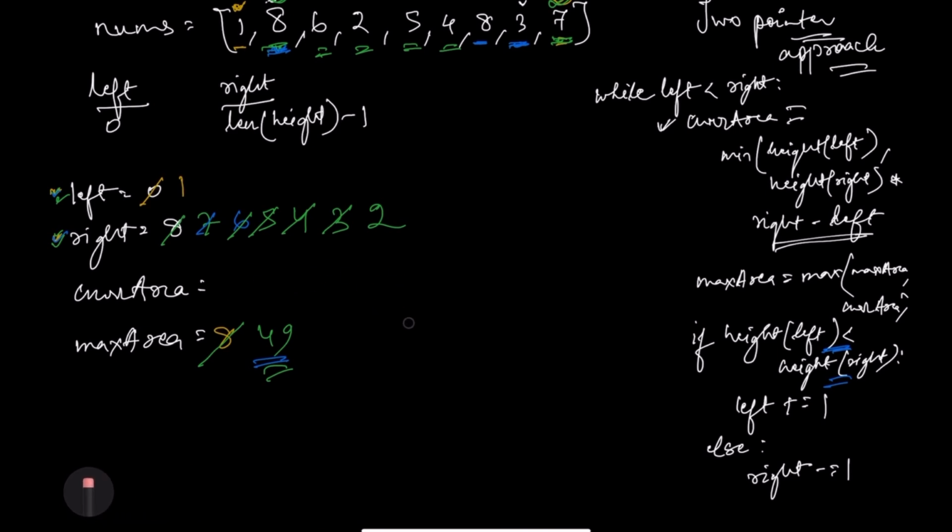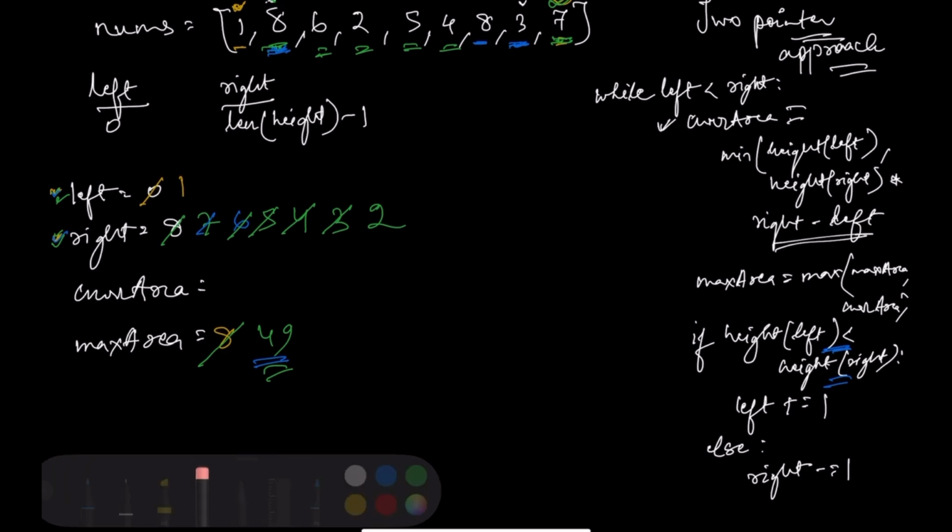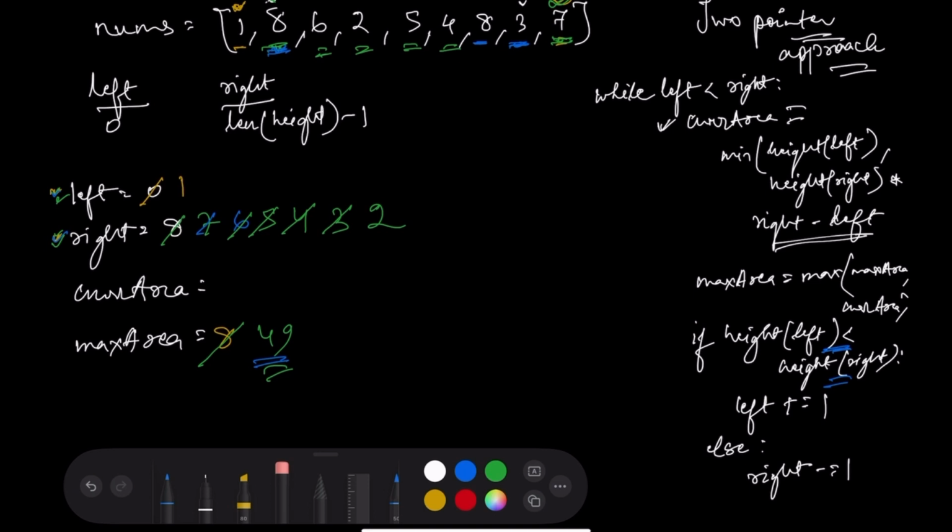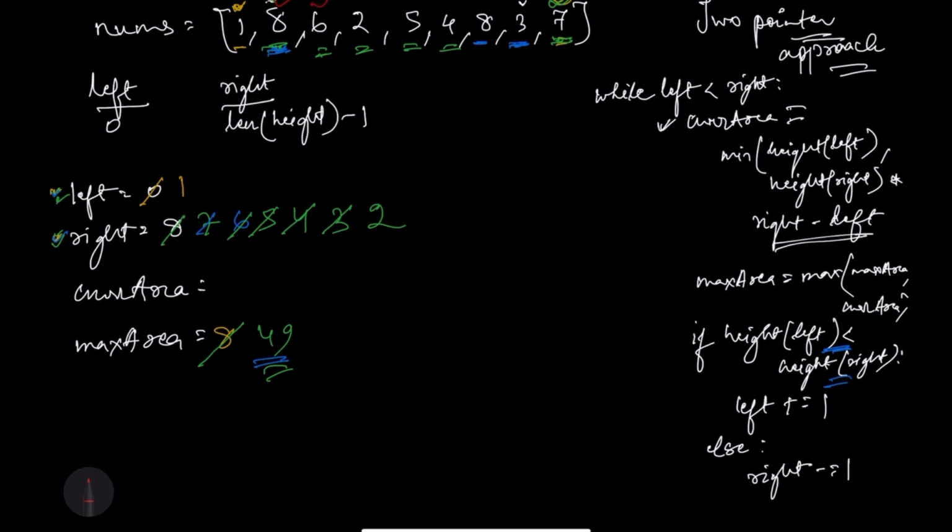So at the position 2, between 8 and 6, our 6 is smaller. So 6 into 1, that would be 6. So our max area won't get updated. But in the next iteration, our right will move to 1.